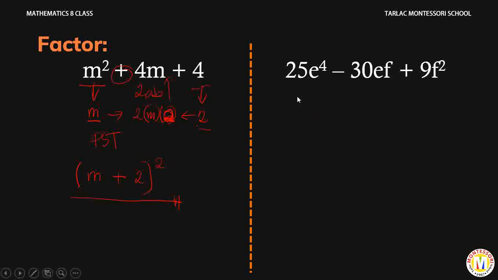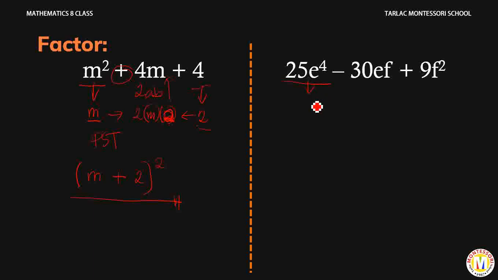Okay, next. We have here 25e raised to 4 minus 30ef plus 9f squared. First things first, we should be able to identify if this particular polynomial is a perfect squared trinomial. 25e raised to 4, is it a perfect squared number? Yes.